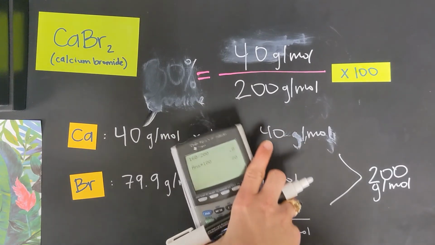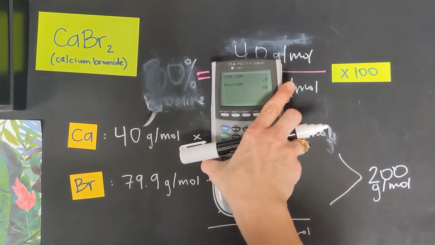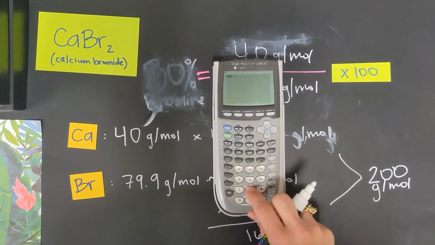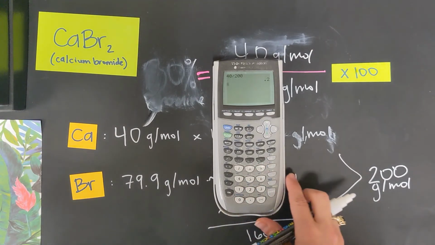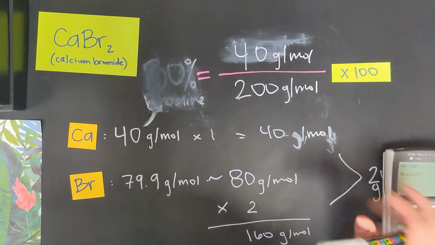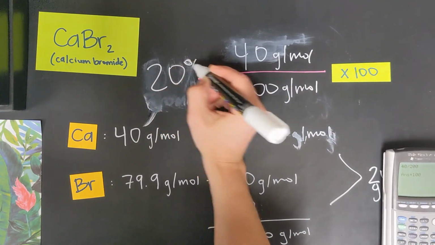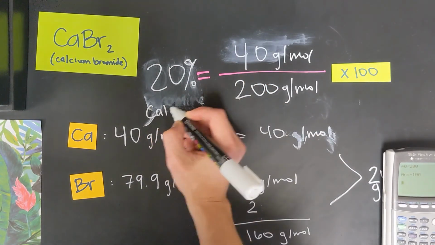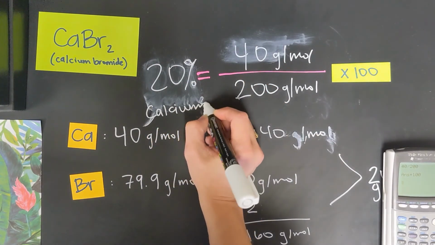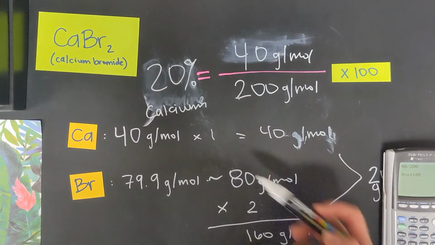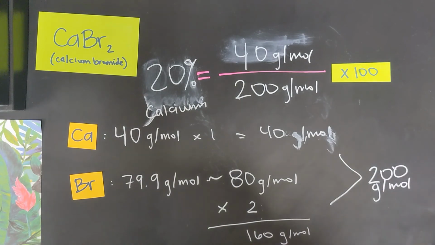We leave the 200 the same because that was the mass of our compound. Now I have 40 divided by 200 multiplied by 100, and I get 20. So 20% of this compound is calcium, and that makes sense because 20% plus 80% is 100%, so 100% of this compound has been factored in.